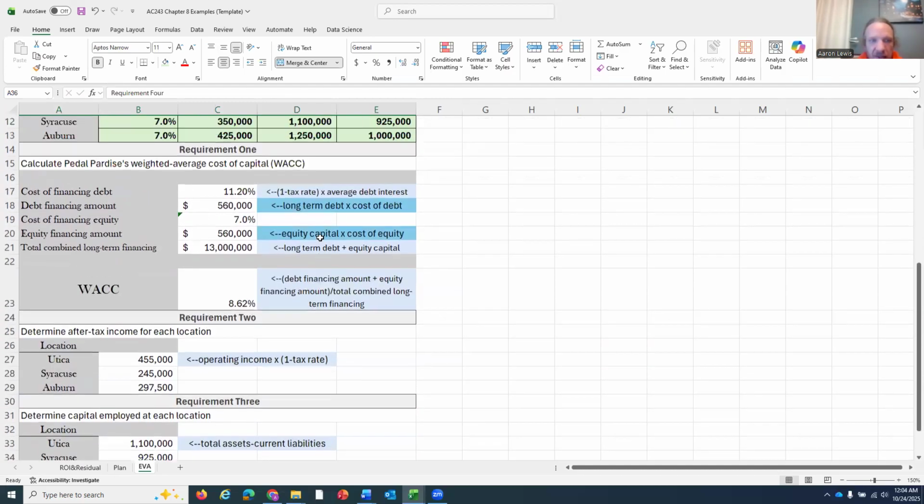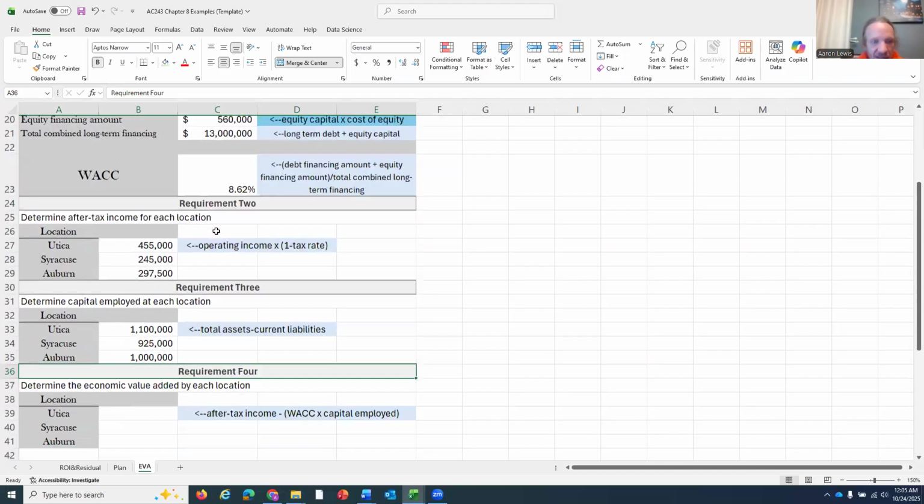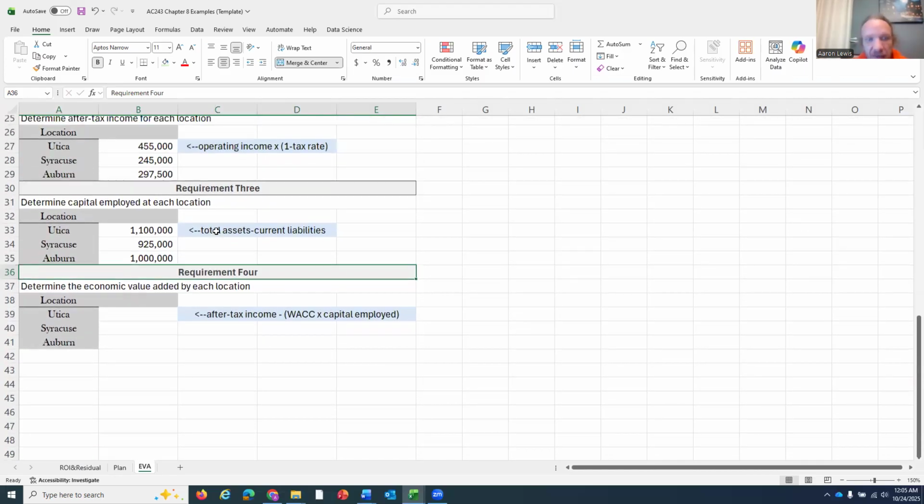I don't know quite why Syracuse is the smallest of our three locations when it's the biggest city out of three. Well, let's not think too hard about it because we have all the numbers that we need to figure out what our economic value added is for each one of these locations. So what I'm going to do is take my after-tax income, and from that, subtract my weighted average cost of capital times my capital employed.